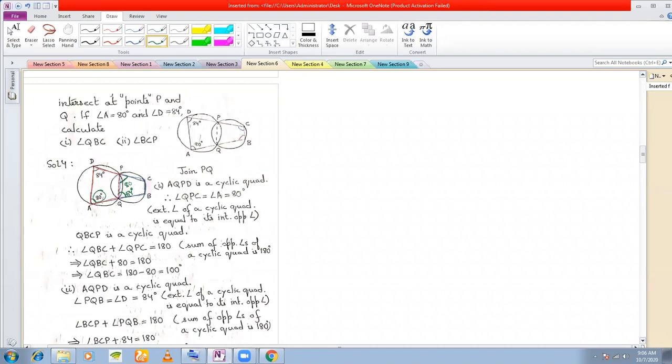QBC. If you see, QBC is just opposite to 80 degrees, and you know that opposite angles of a cyclic quadrilateral are supplementary. The sum is equal to 180 degrees. So this angle must be 180 minus 80, which is 100. Similarly, this 84 degrees in the blue cyclic quadrilateral and this angle are opposite to each other.